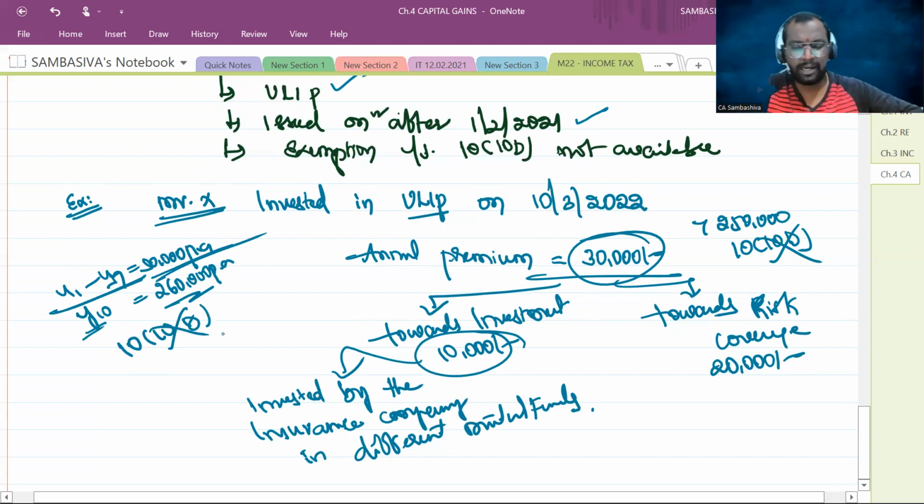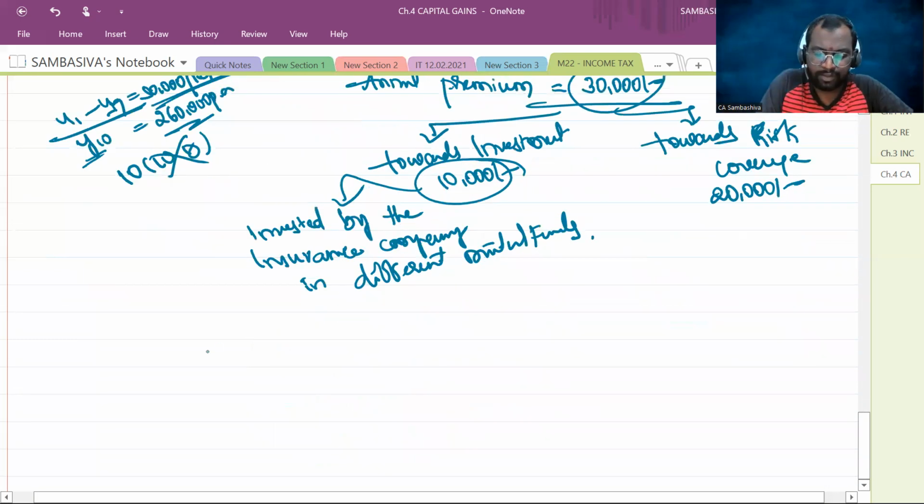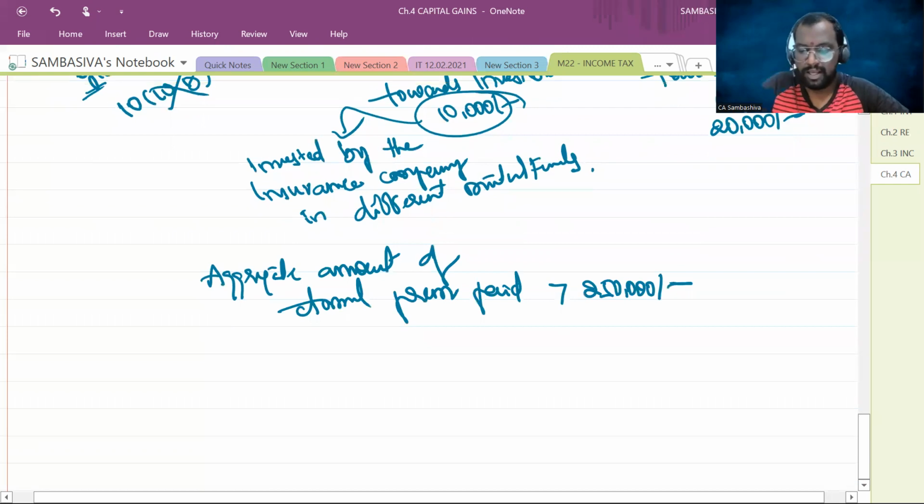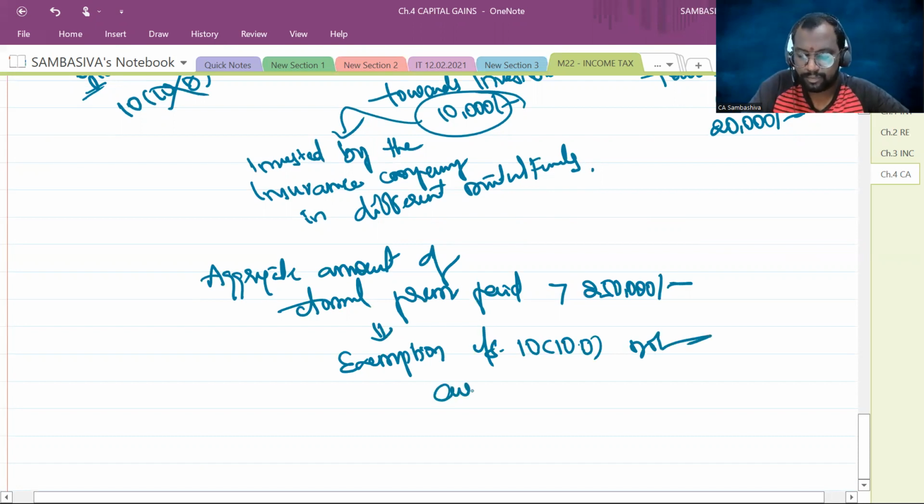That's the first point. Second point, the aggregate amount of annual premiums paid exceeding 2,50,000. In this scenario also, the exemption benefit under section 10(10D) is not available.